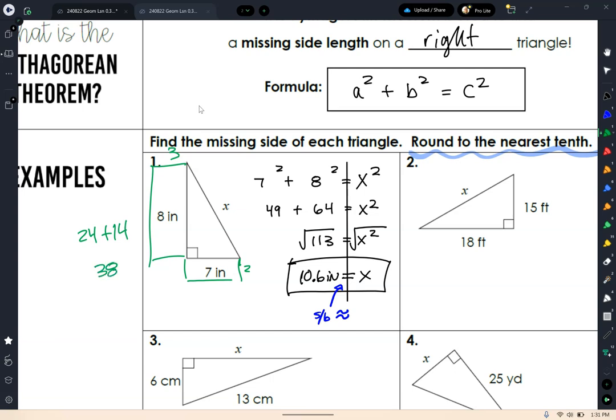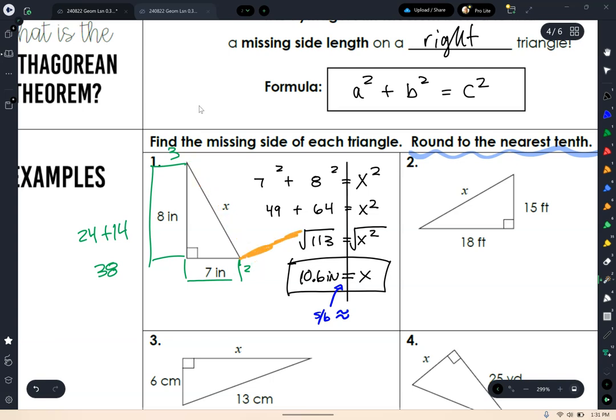Okay, all right. Take the square root of 38 in your calculator. 6.16. We couldn't make a square 10.6 out of that, and if we don't know either of the two measurements, we couldn't draw something off of that because we have no idea what this length is here.